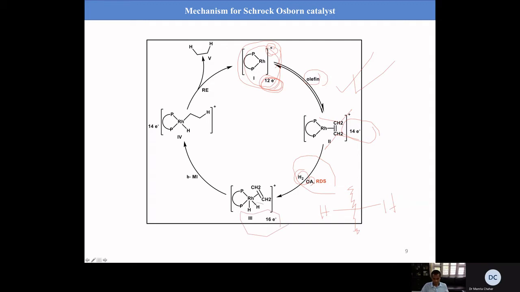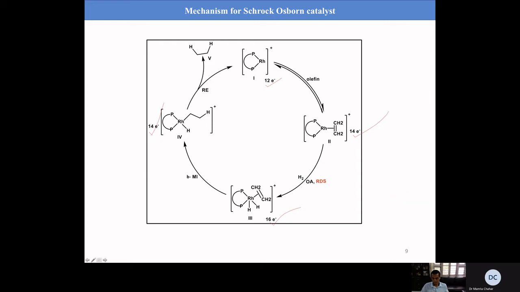From here, beta migratory insertion takes place to give the metal alkyl intermediate. After beta migratory insertion, you undergo reductive elimination to get the product. Just to go back and simply show you, you have a 12 electron species, then a 14 electron species, then a 16 electron species, then back to 14, and then back to 12.